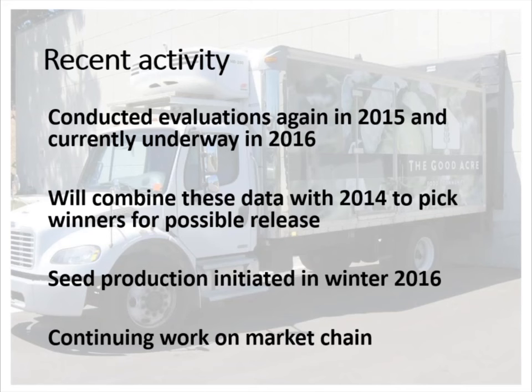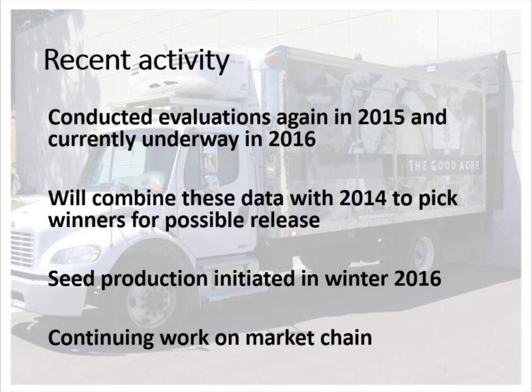So what are we doing with this? We have conducted the evaluations again in 2015 and currently in 2016, and are particularly focusing on those 4 heirlooms and the 6 lines. Actually, we've whittled it down to 4 now, in larger trials and in multiple locations.